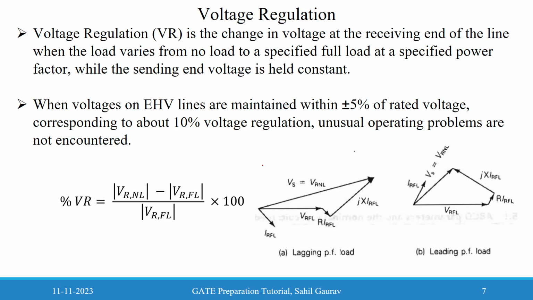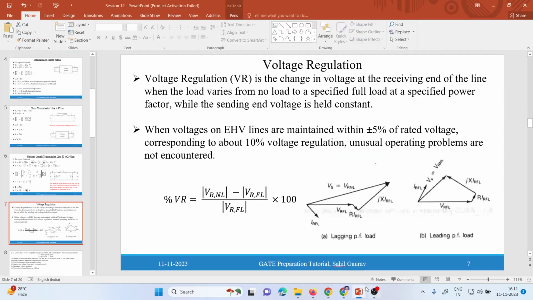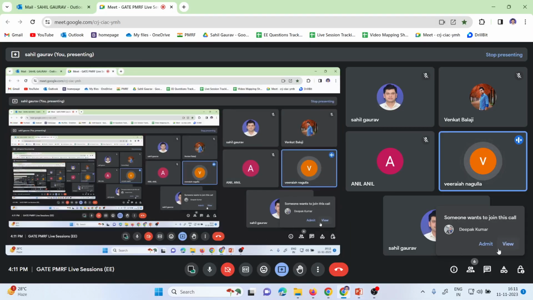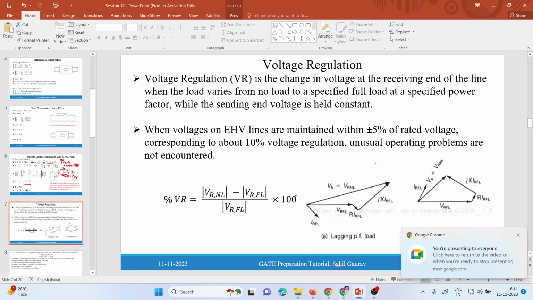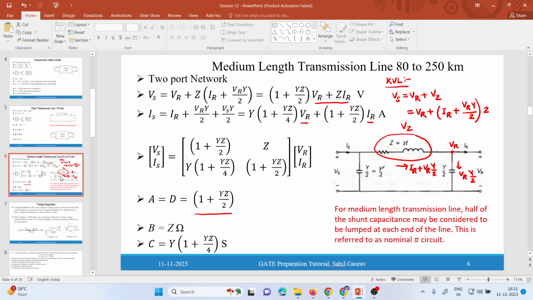Now one important term that comes here is voltage regulation. Sir, I have one doubt. Yes. Transmission lines are classified based on which criteria, sir? Transmission lines are characterized based on the length of the transmission line.